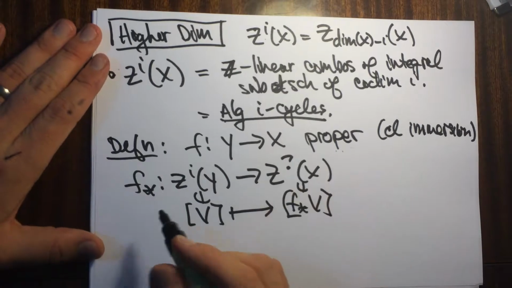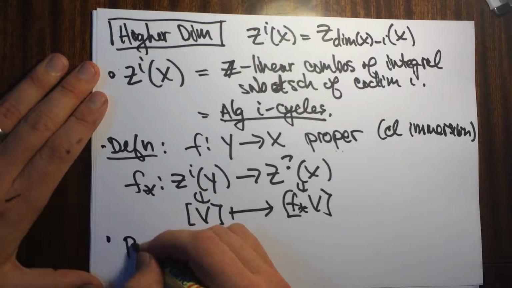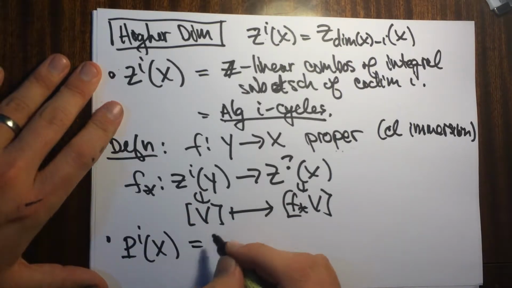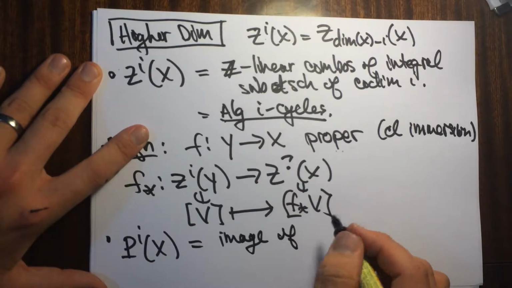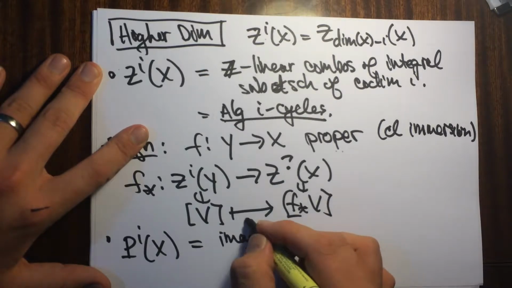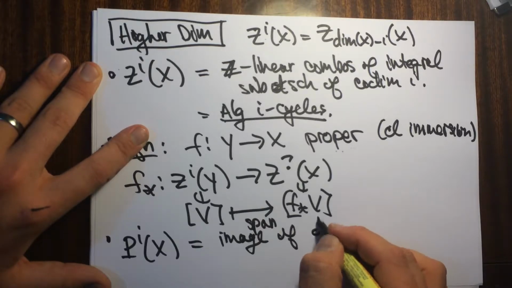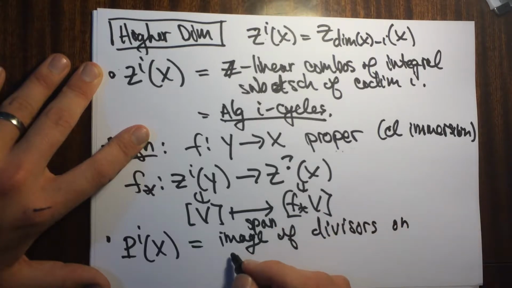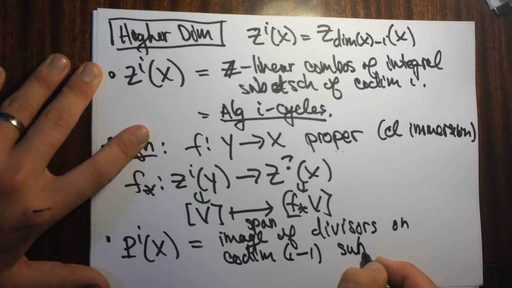Okay, so we have this, and now I can define what principal divisors, or principal cycles, are. So these are going to be the span of the image of divisors on codimension i minus 1 subvarieties, or subschemes.